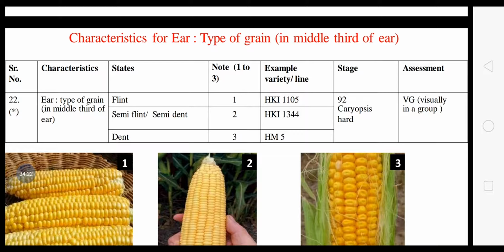For flint, the score is 1, semi-flint is 2, and dent is 3. For flint type, example is HKI 1105, semi-flint is HKI 1344, and dent is HM5. The caryopsis hard stage is taken to observe this character, that is visually in groups.